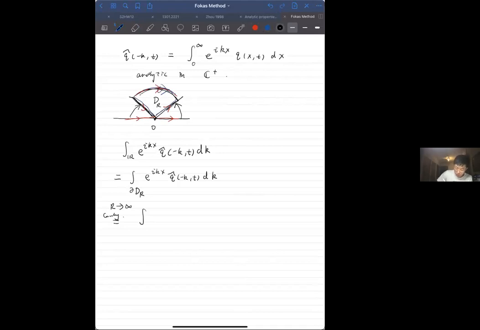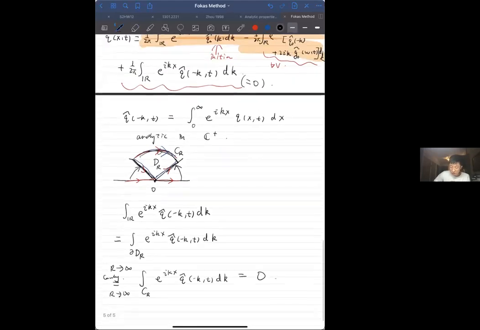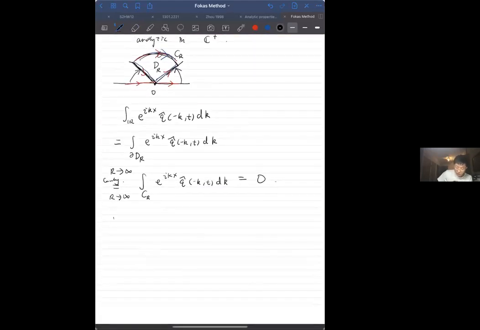So this eventually will become, let's say this is C_R, and R goes to infinity, e^{ikx} q hat(-k,t) dk, and this is 0.